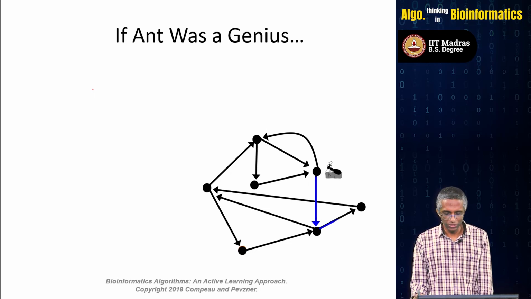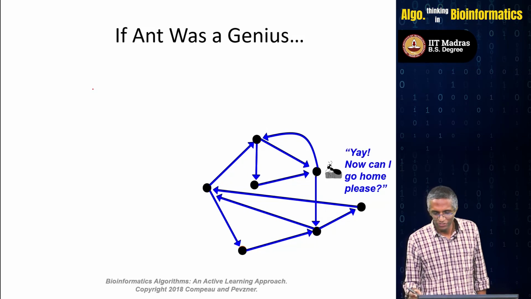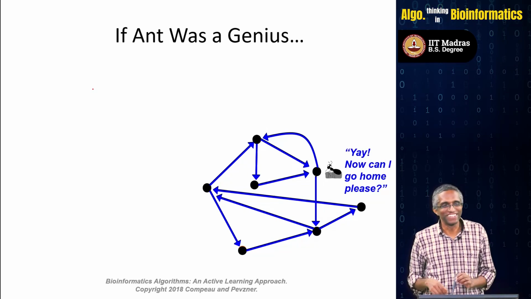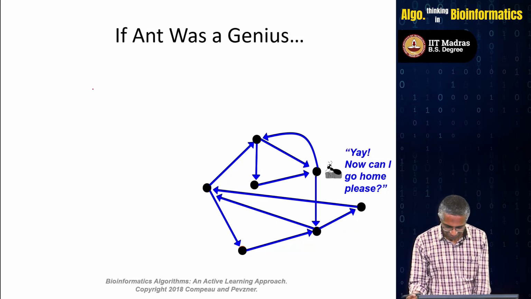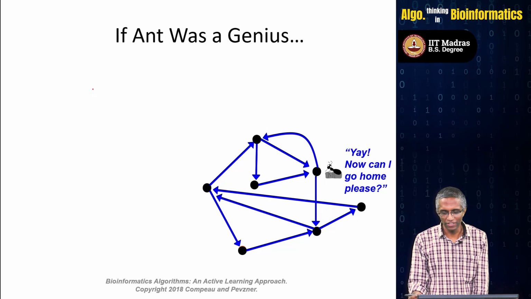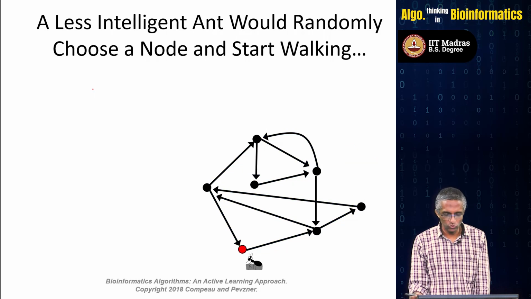It'll go here, here, here, and here. And you will be done, right? That you have found the Eulerian cycle. But of course the ant may not have that much insight to choose the right edge at every step. It may choose something else also.